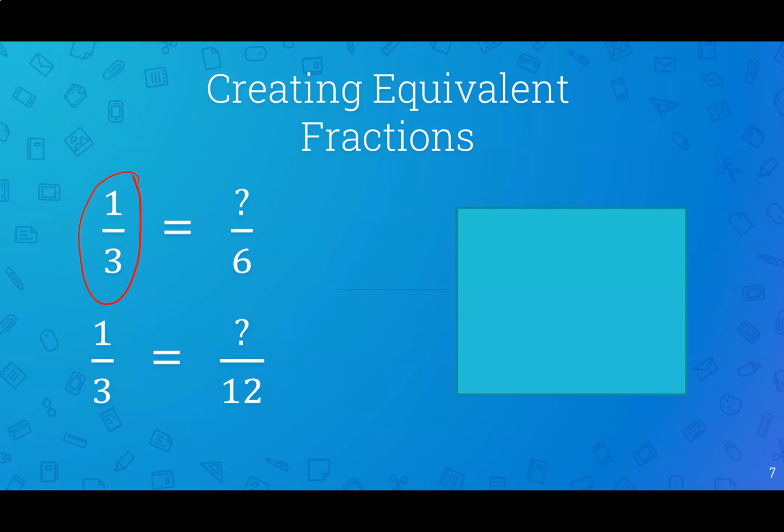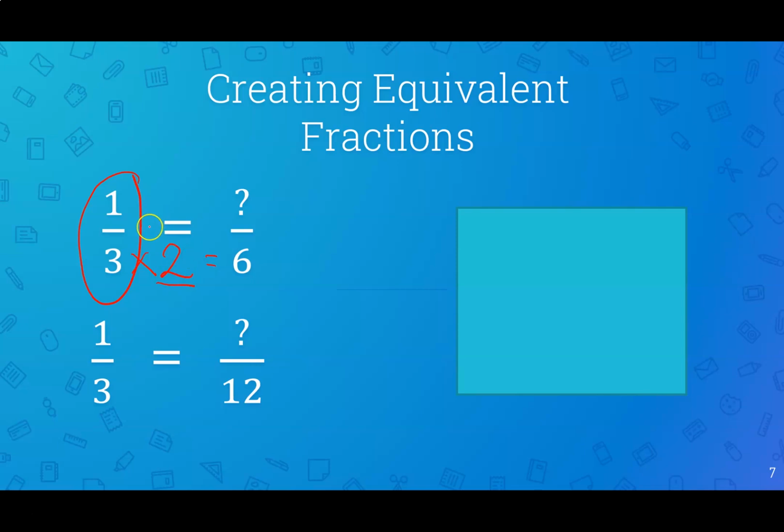That's right, we must multiply both the top and the bottom by the same number. In this case, we are given a denominator, the bottom number. So we can ask ourselves, 3 times something equals 6. Well, we know 3 times 2 equals 6.